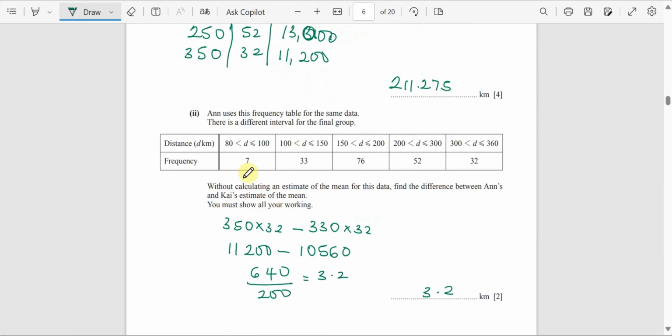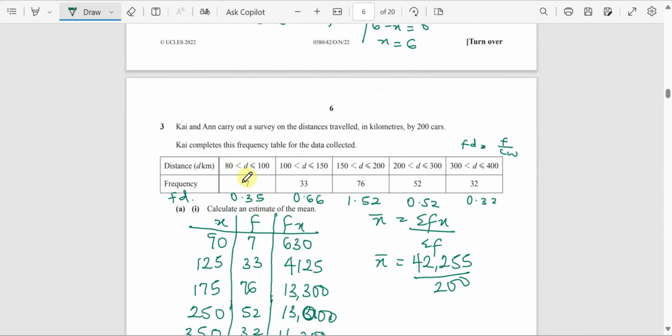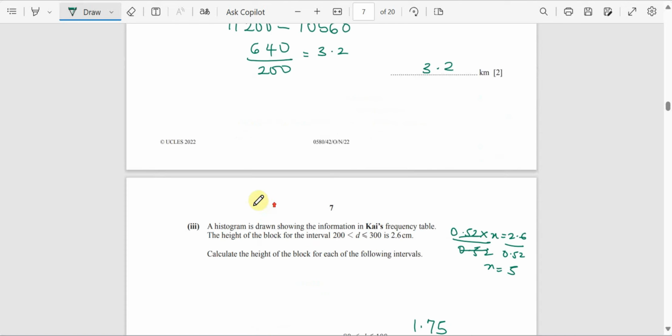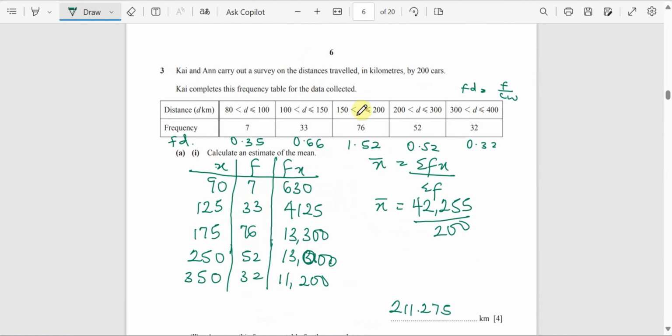So let's go. 80 to 100 is 0.35. So we're going to multiply that by 5. 0.35 times 5 is 1.75. The 150 to 200 is 1.52.